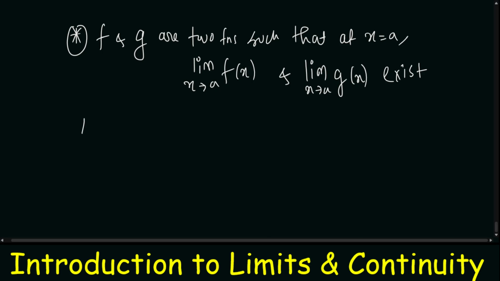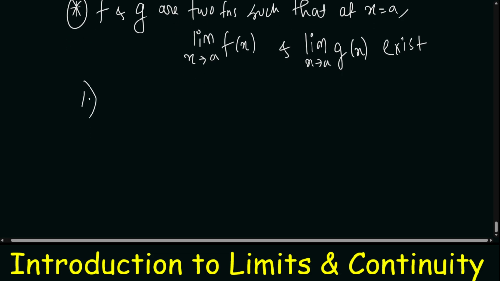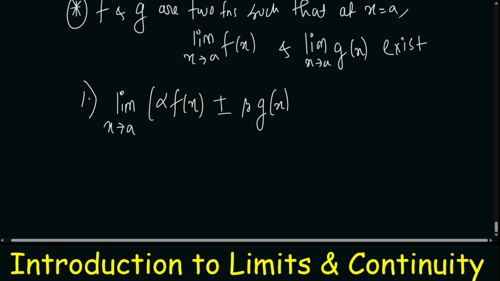Now with this in hand, we can straight off the bat find a few properties that are useful while evaluating limits. First of all, any linear combination of these two functions, let's say alpha into f of x plus minus beta into g of x, should be equal to alpha into limit x tends to a f of x plus minus beta into limit x tends to a g of x.